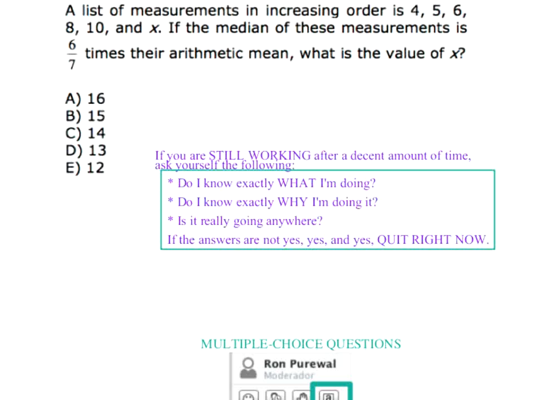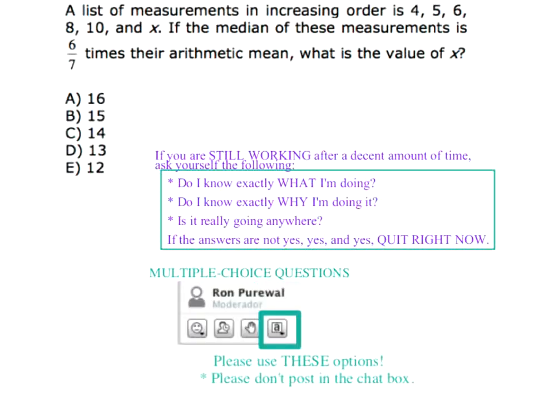So here's where you find the multiple choice options again. Andre, please don't type in the chat box. As it says here, please select the responses where they are indicated here, not in the chat box.